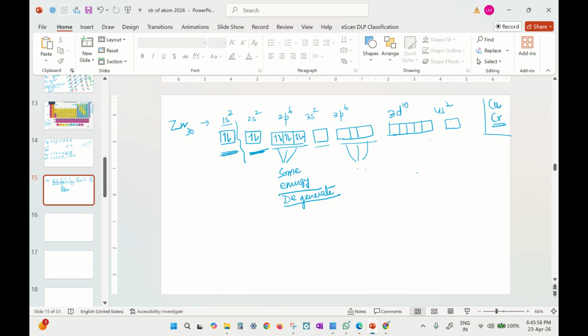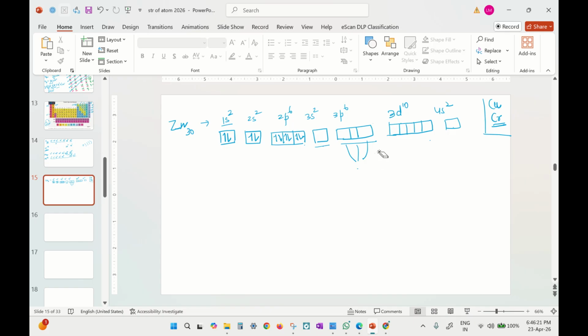So what is the rule now? Rule says when you are giving electrons in the degenerate orbitals, we should ensure that each of the orbitals is singly filled with parallel spins. Once all the degenerate orbitals have received one electron each, then pairing begins. Is the statement clear?